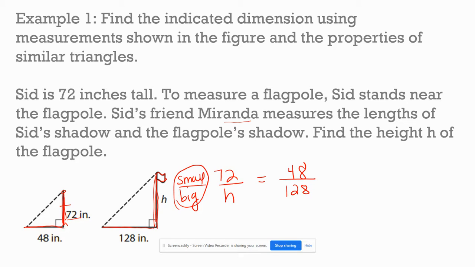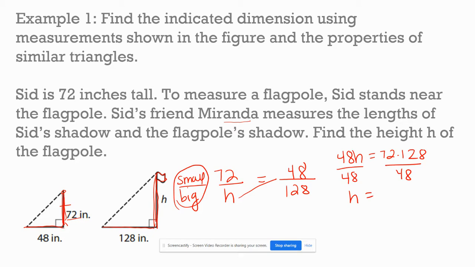If you remember correctly, when you have two fractions that are equal to each other, to solve for a variable, you're going to cross multiply. So I'm going to cross multiply h times 48 and then 72 times 128. Then I'm going to divide both sides by 48. You may decide to go ahead and multiply 72 times 128 and then divide by 48.